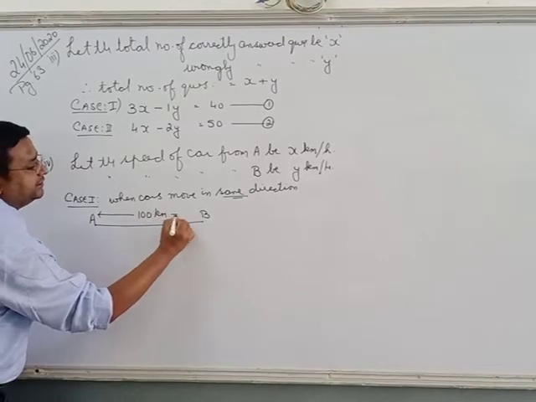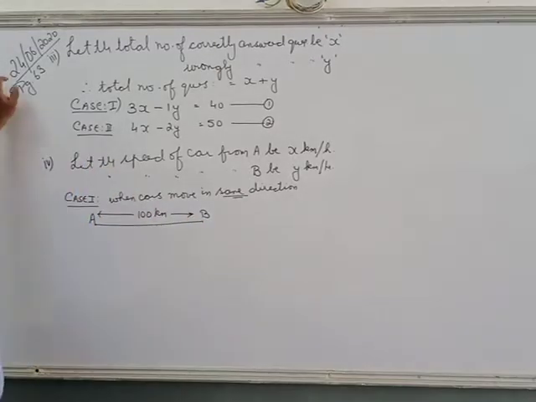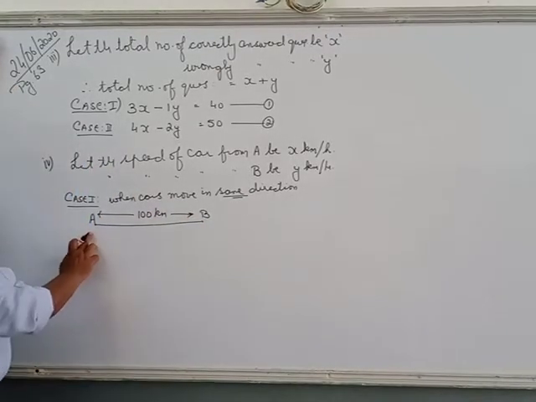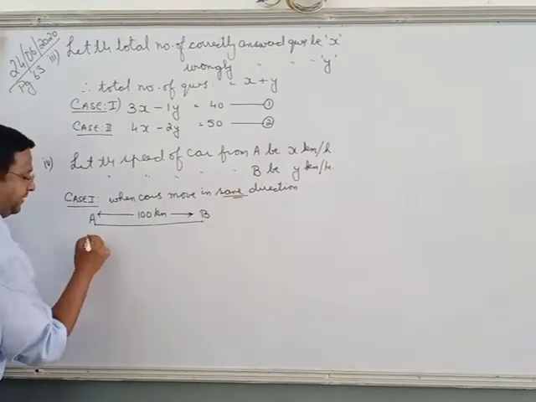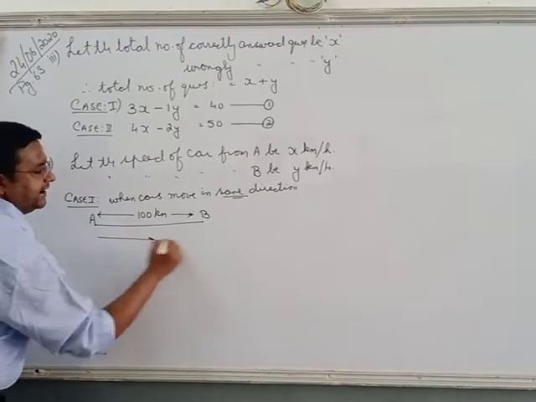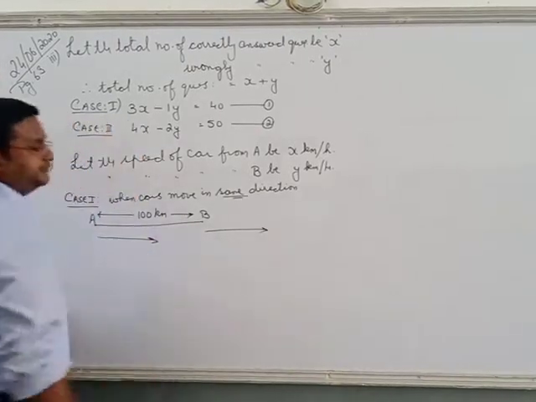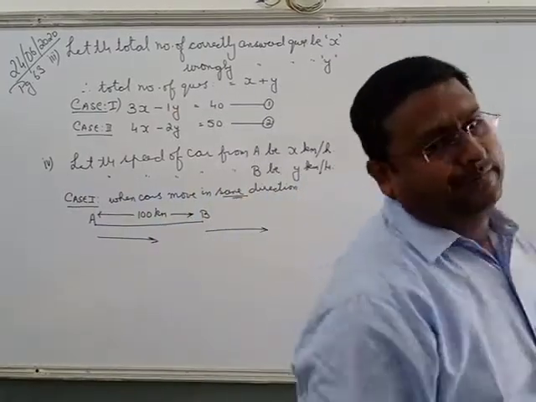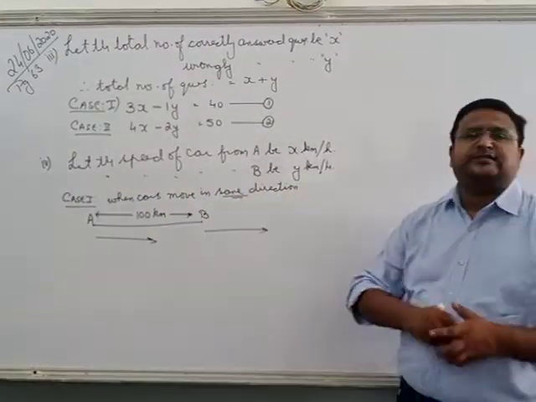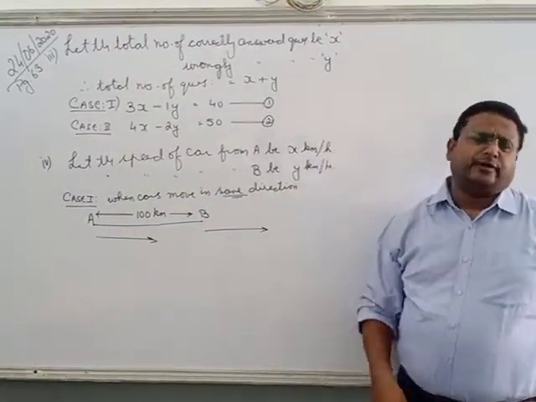One car is starting from A, another one is starting from B, and they are moving in the same direction. That means they are moving in this direction, supposedly. And it is clearly mentioned, at the same time. Say, for example, we are supposed to go to Mehsana, 100 km away.